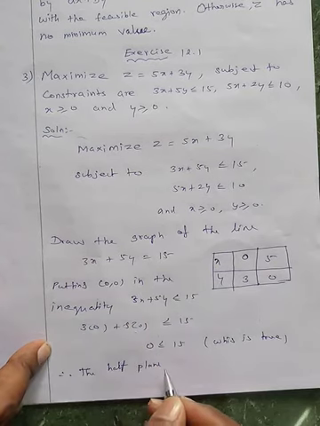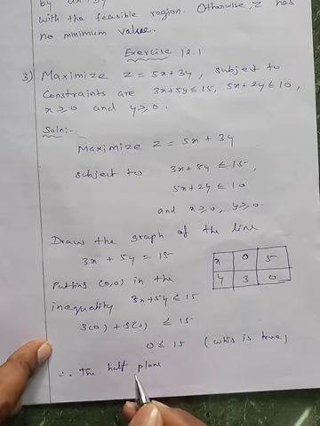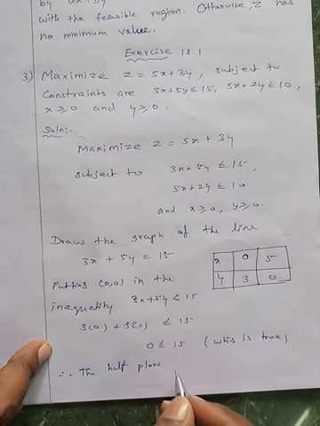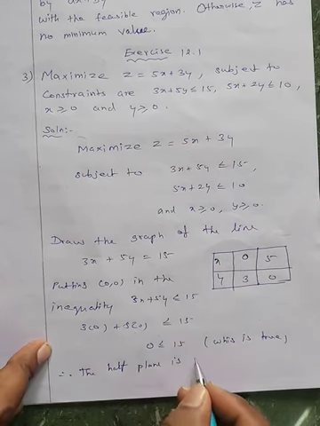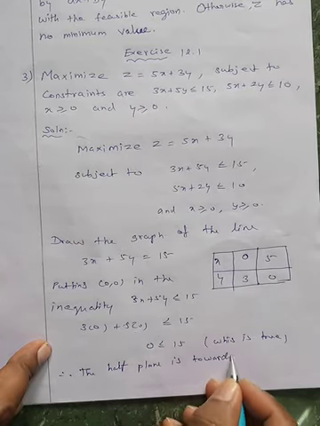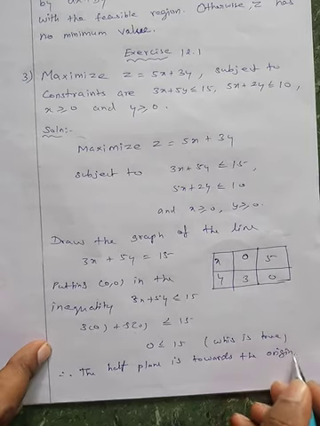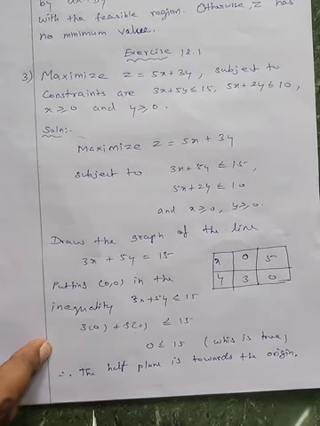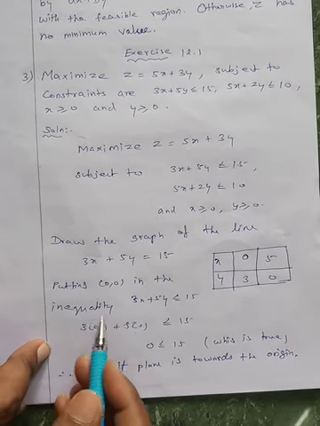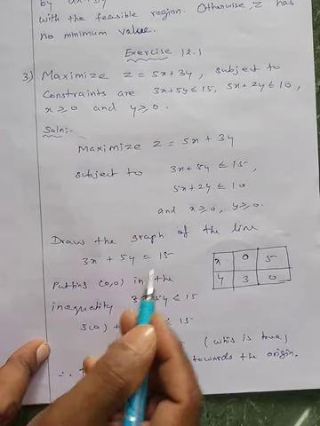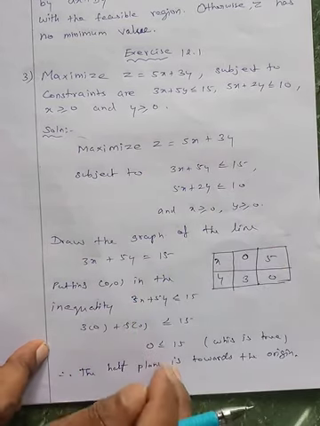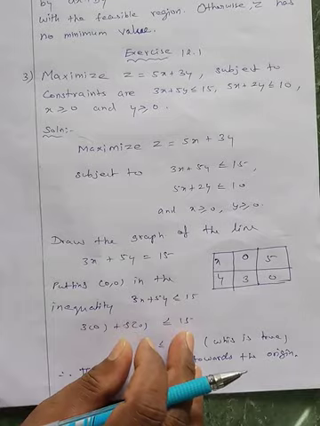So the half plane containing the feasible solution is towards the origin. Next, draw the graph of the second line and its half plane.